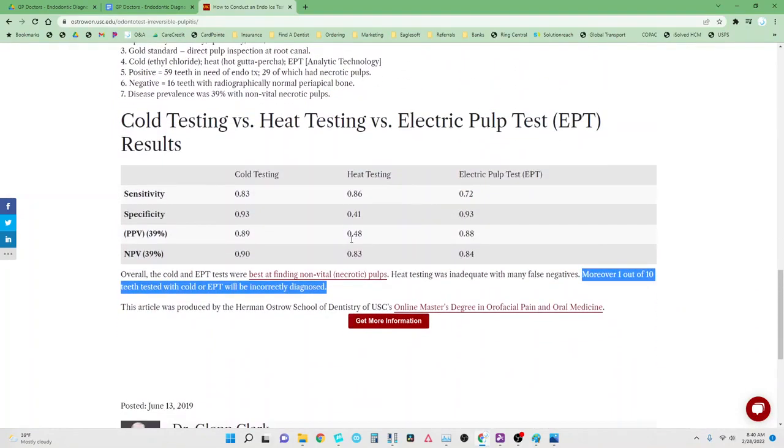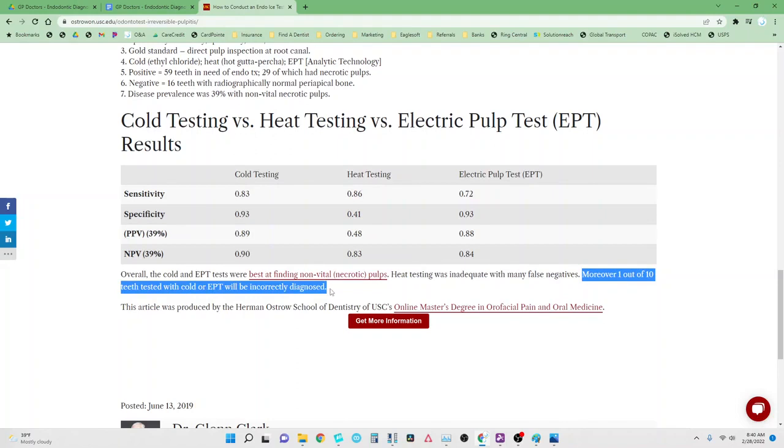Look at this statement here: moreover, 1 out of 10 teeth tested with cold or EPT will be incorrectly diagnosed.